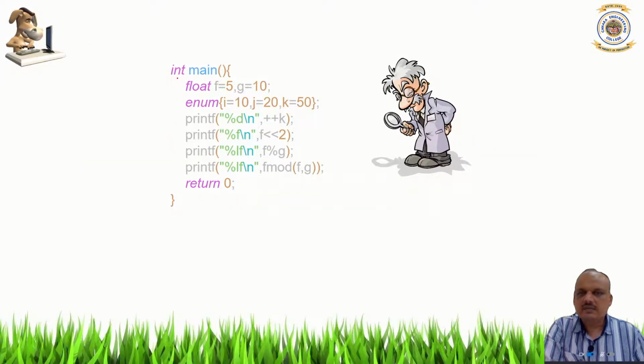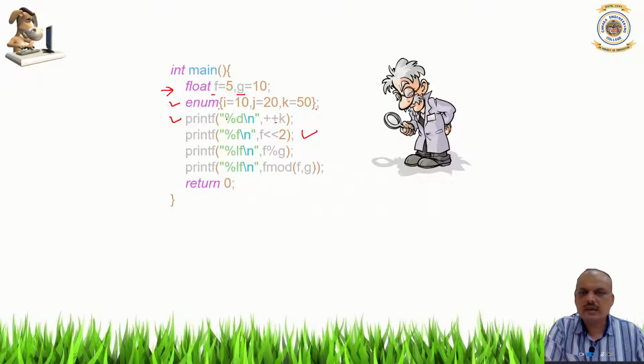Now look at this piece of code and let's guess what is happening here. I have two variables of type float, f and g, and then I have an enumerator which doesn't have a tag and doesn't have an instance, and then I print out k plus plus, and then I do something on f.